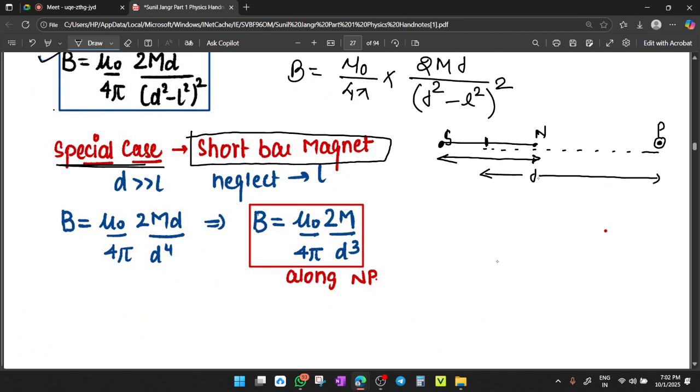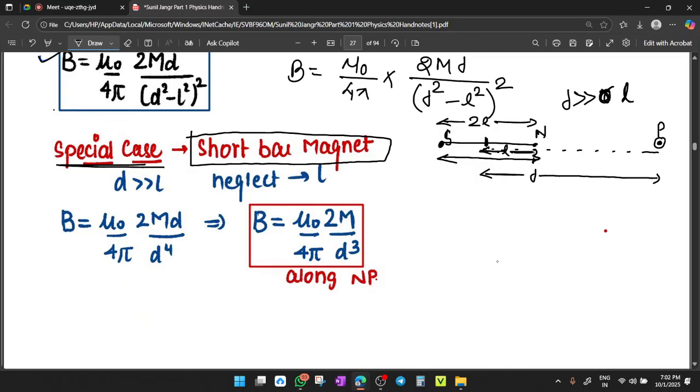Understood? So this means the distance d is quite larger than L. Sorry, not r, it is L, because L is the semi length, or half of the effective length, since the total length we considered as 2L.